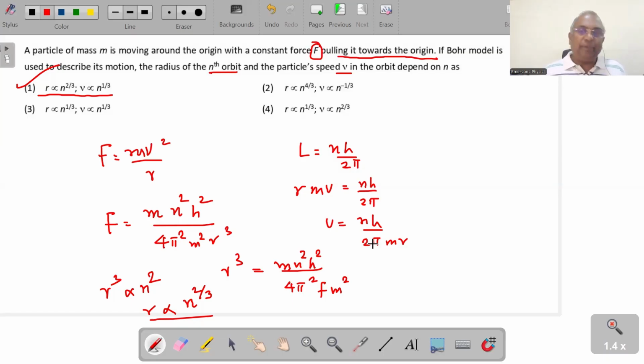So v will be equal to nh by 2 pi into rm.